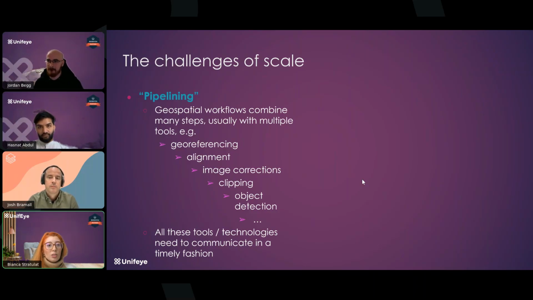That's right. So, what I was saying is that two other challenges that really slow down the geospatial work are the pipelining and advanced analytics. You have in front of you a typical geospatial workflow, and many times it involves a lot of interdependent steps, things like georeferencing, alignment, image correction, object detection.